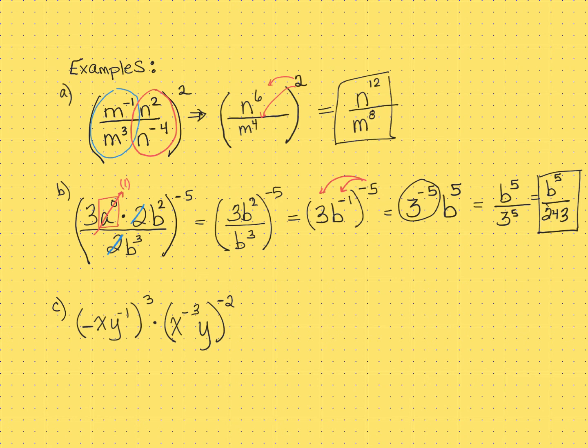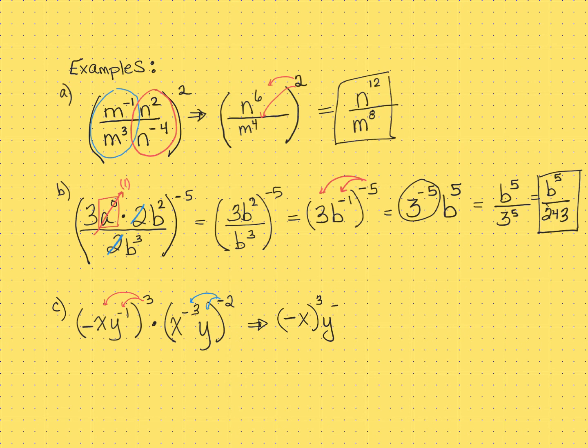Okay, for our last example, let's try to handle these exponents here and also here first. And this is a multiplication symbol in here. So we still have negative x, the whole of negative x, and we're going to cube it. And then y, when we raise a power to a power, we're going to multiply those.